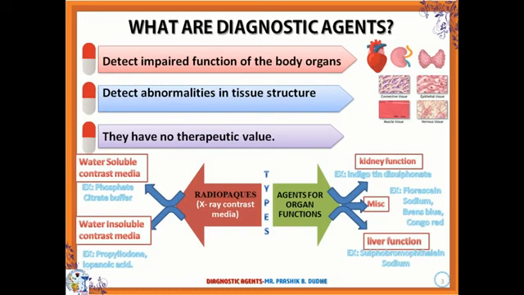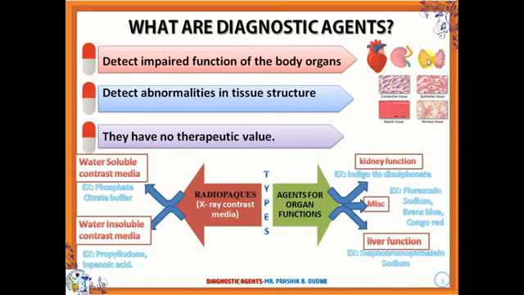These are the agents which are used to detect impaired function of the body organs like kidney, heart, thyroid gland, urinary gland, and so on.